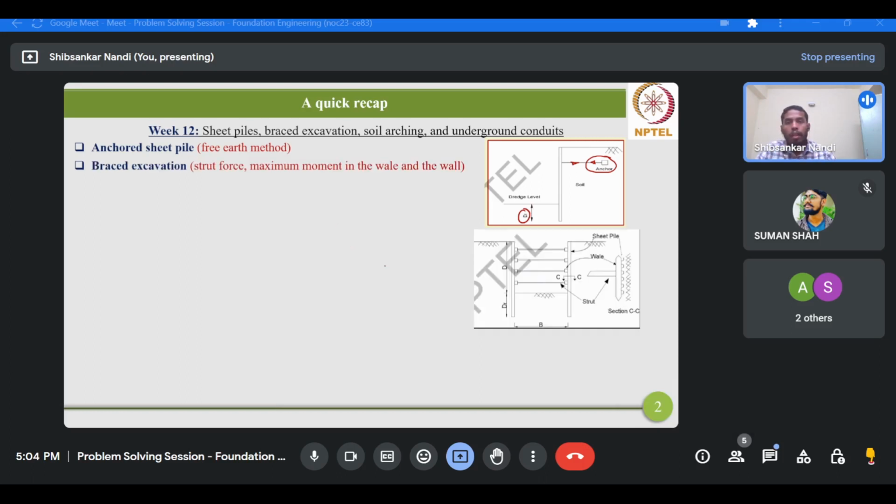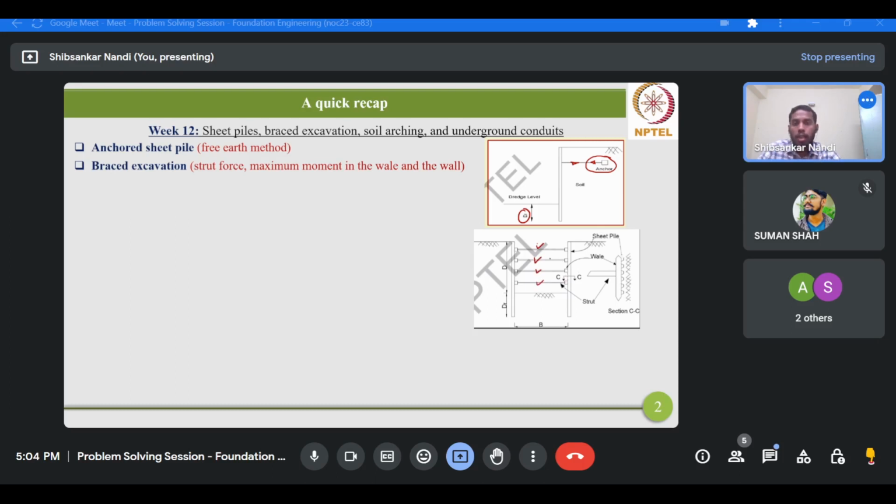Now coming to the next part of this week, we have also learned about braced excavation. What are the different components of a braced excavation? This is the schematic for a braced excavation. These are the two sheet pile walls, these are called struts, and these are the wales or Euler beams.